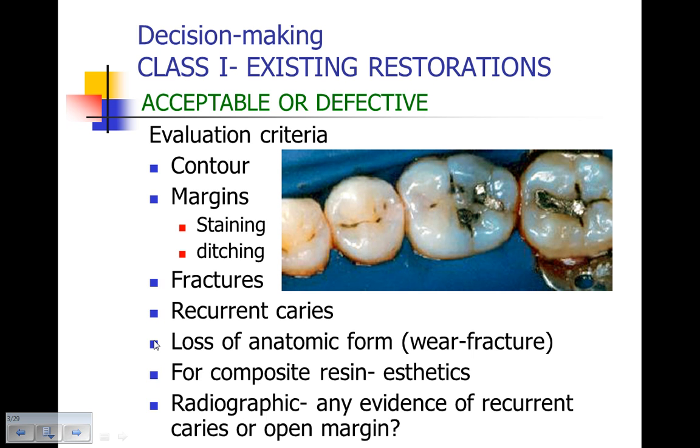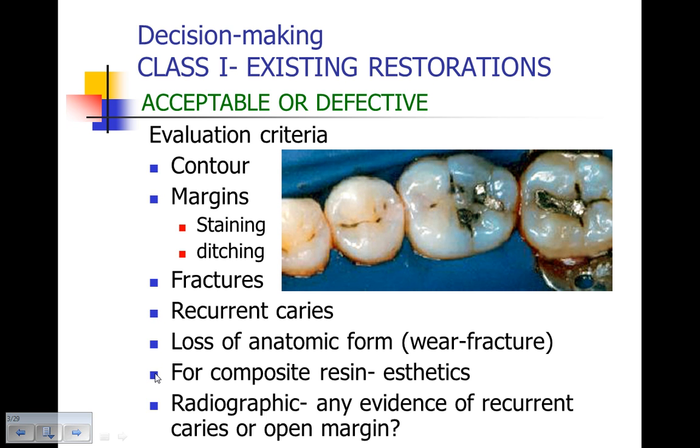In fact, many times our amalgam restorations, our metallic restorations, do quite well. Our composites, as they get larger in size and form, show significantly more wear over time. The more posterior we go, the more at risk those teeth are of wear and fracture. For composites, we're looking at whether or not the restoration is still aesthetic.